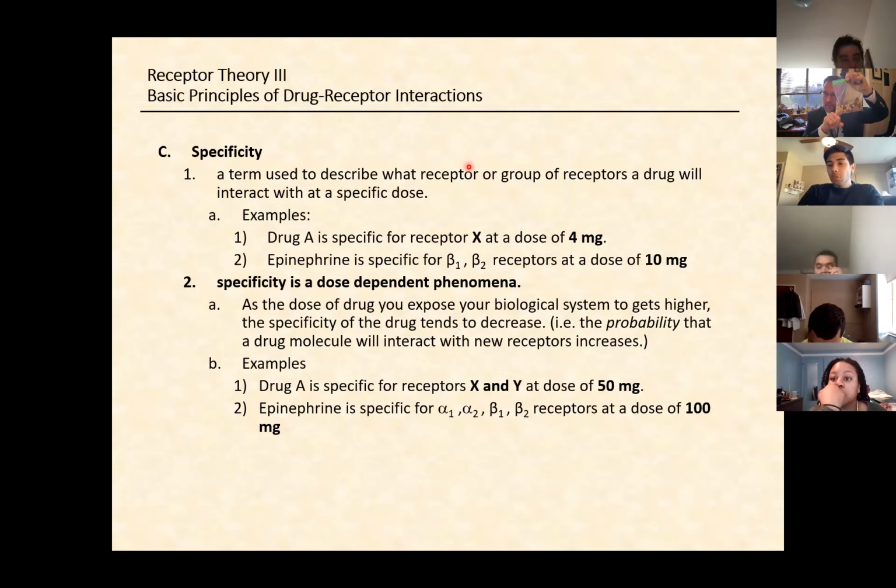I've got peanut receptors and I've got raisin receptors. We know that I prefer the peanuts and raisins, but under a particular circumstance, am I going to eat just the raisins? Am I going to eat just the peanuts? Or am I going to eat both? That's specificity.